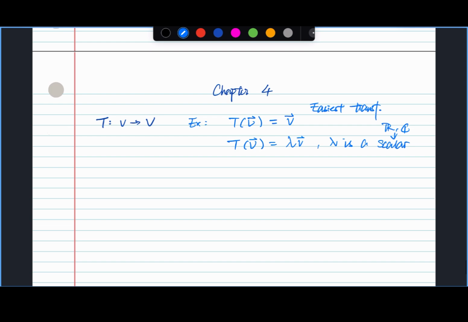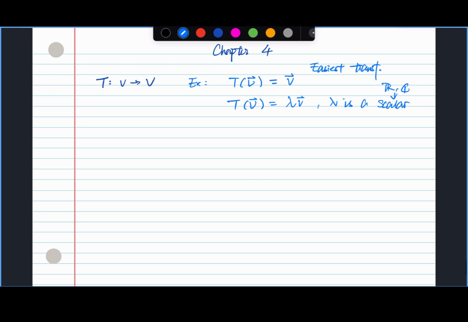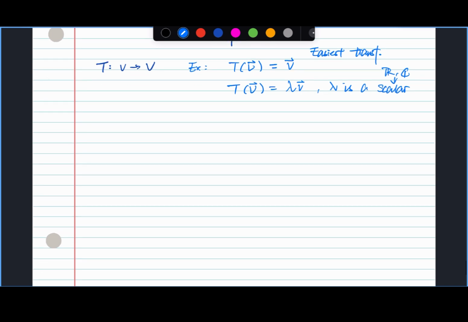Or simplest. Okay, so eigenvectors and eigenvalues are defined by something that looks like this.